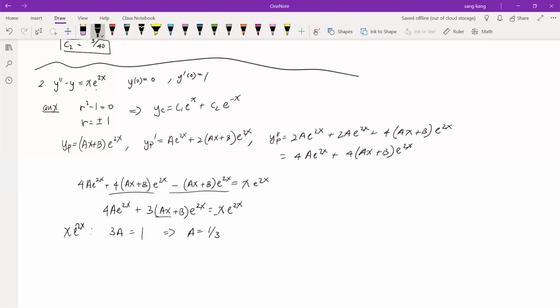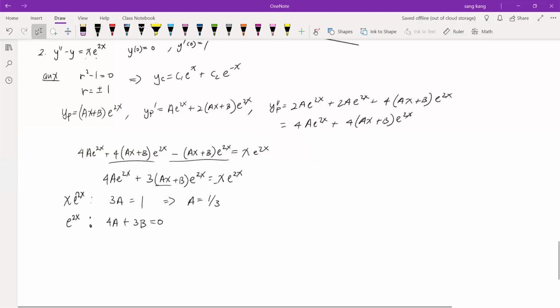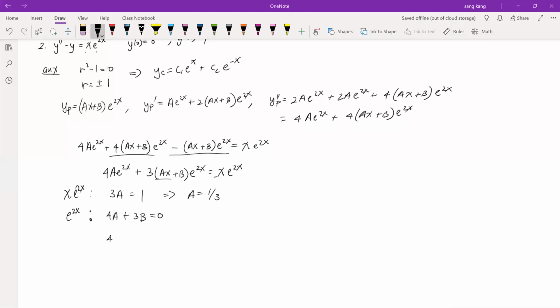E to the 2x terms, we have 4a and 3b. And the right-hand side is 0. We know a, so 4/3 plus 3b equals 0. Therefore, b should equal negative 4/9. So there's our coefficients.